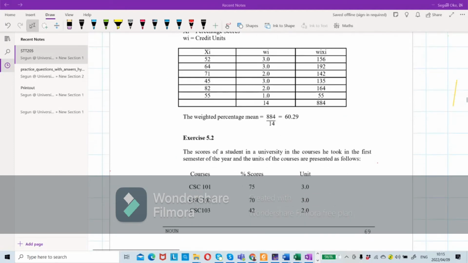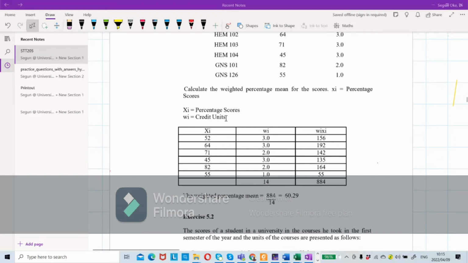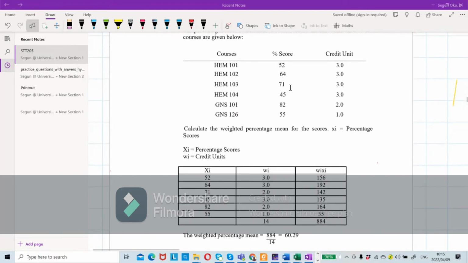So what they normally do is have our score, which is going to be our X i. That is our class mark. Then the weight for it is the credit unit. You can see that is where they put credit units. Meaning you have a class mark here, and the credit unit here.